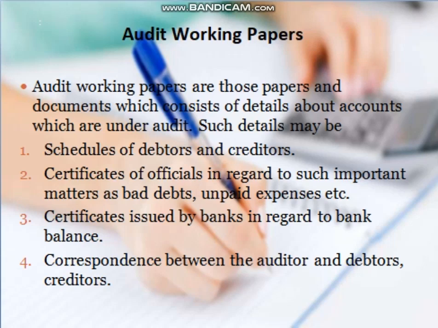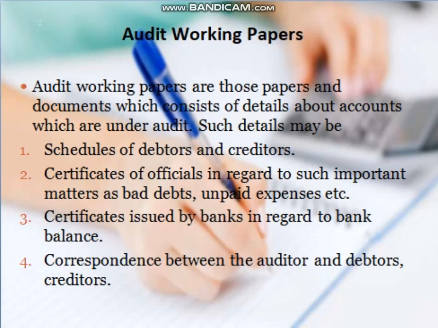And the auditing paper contains details about schedules of audit debtors and creditors, certificates of officials in regard to such important matters as bad debt, unpaid expenses, etc. It contains details regarding the certificates issued by banks in regard to bank balance.